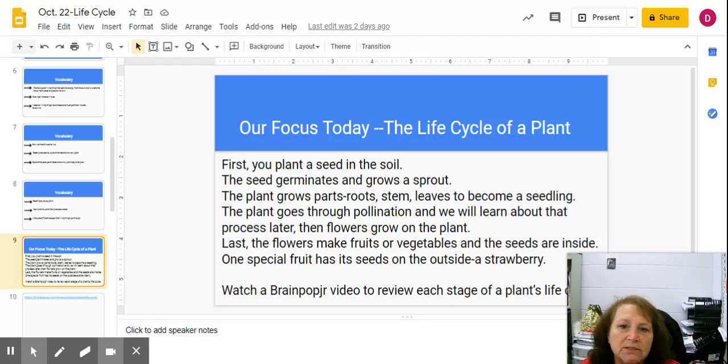The plant goes through pollination, and we will learn about that process later. Then flowers grow on the plant. Last, the flowers make fruits or vegetables, and the seeds are inside. One special fruit has its seeds on the outside, a strawberry.